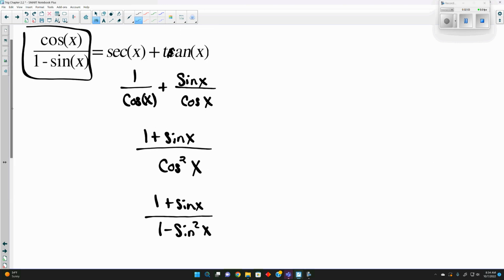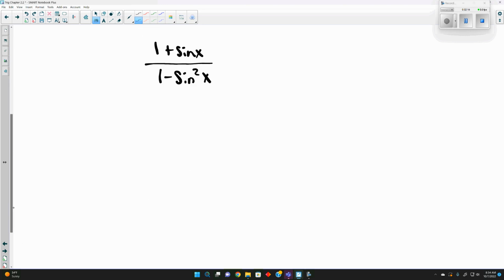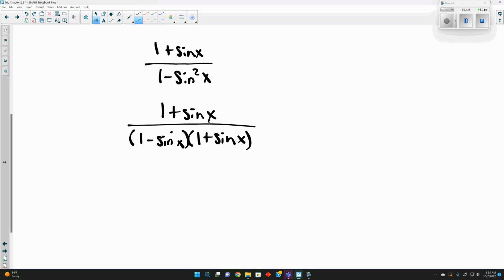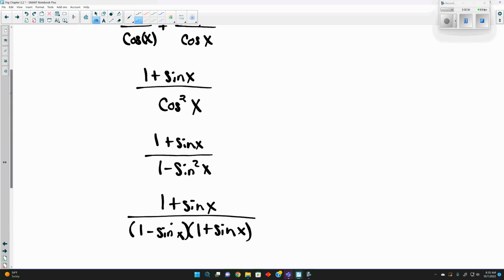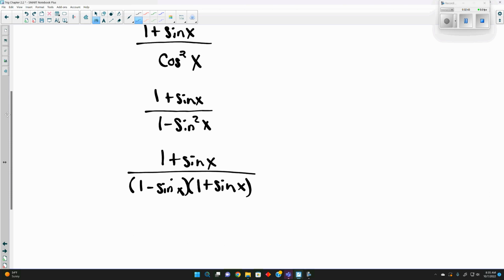So we have this here, yes? Well, we could factor the denominator to 1 minus sine of x times 1 plus sine of x over 1 plus sine of x.